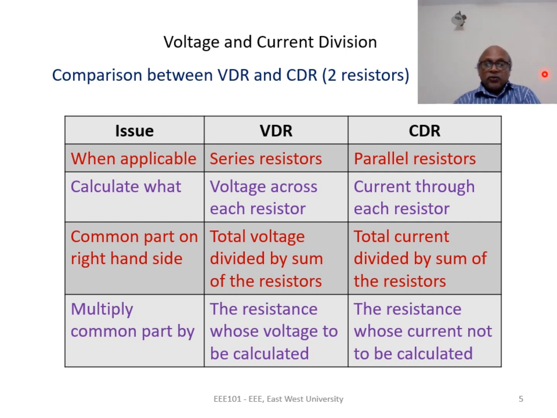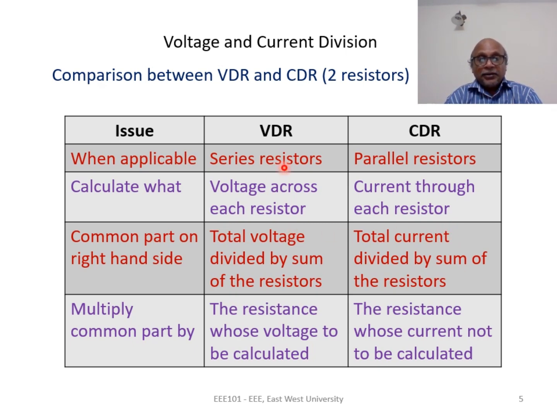Now what do we calculate with these rules? With voltage divider rule, we calculate the voltage across each resistor. With current divider rule, we calculate the current through each resistor. Okay? And what is the common part on the right hand side of the equations? In voltage divider rule, the common part is the total voltage divided by the sum of the resistors. In current divider rule, the common part is the total current divided by the sum of the resistors.